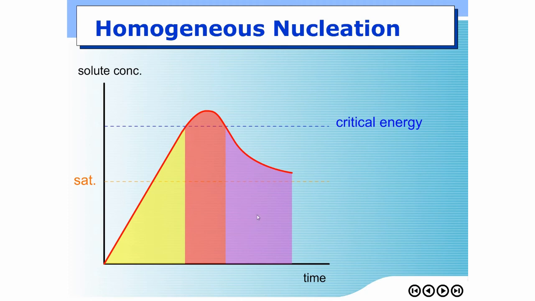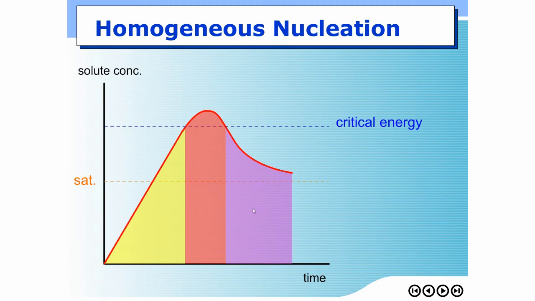Of course, one may argue that in the red area, we form nuclei everywhere in the beaker. Is there any chance that the growth species formed by reaction would attach itself to the existing nuclei in the red period? It can. Okay, so in the red area, not only do we have nucleation, we will have nucleation and growth.